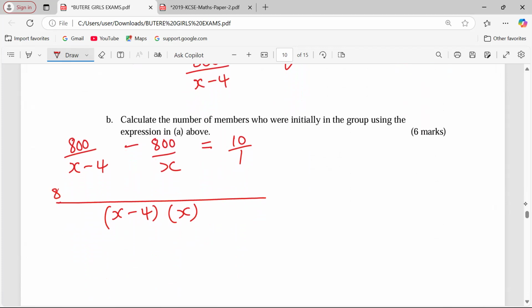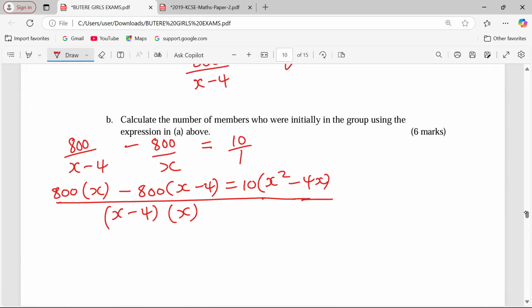So I'll be having 800 into x, then minus 800 into, when I divide the LCM and the second denominator, I will have x cancelling, so that I remain with x minus 4 at that point. This is equal to 10 multiplied by, when I take the LCM and divide by 1, it will remain the way it is, then times 4. That will be x squared minus 4x. I've expanded the LCM now at that point.